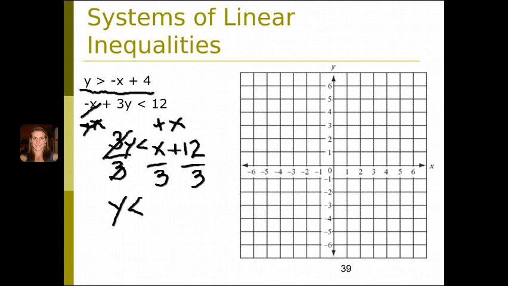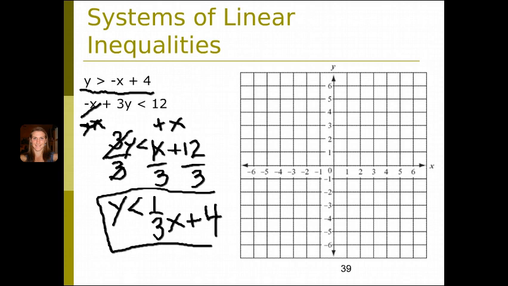My x divided by 3, this is really a 1x, becomes 1 divided by 3 x. And my 12 divided by 3 becomes a positive 4. So here is my second inequality solved for y. Now that I have two inequalities solved for y, I can graph these.